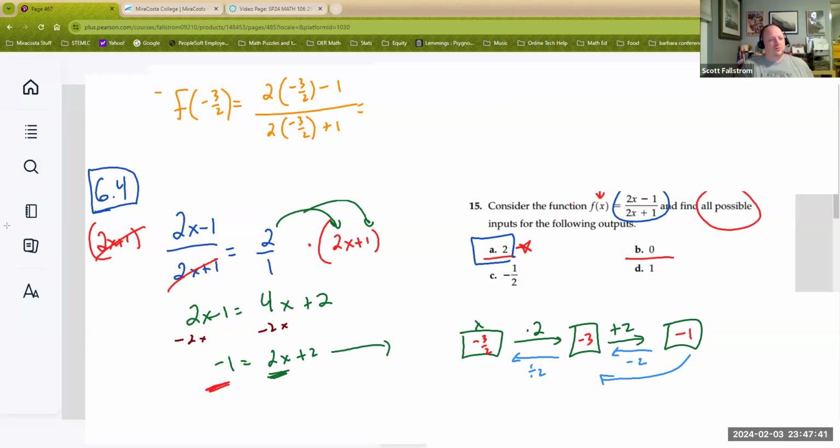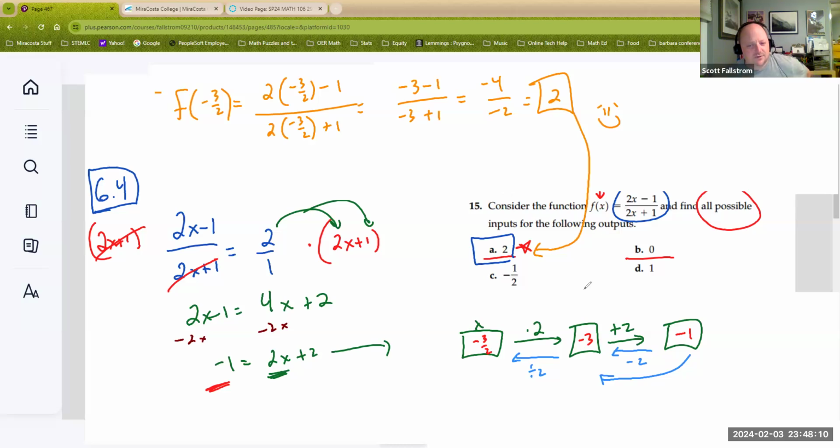That'll give me room to work. So 2 times -3 halves would be -3. So I end up with -3 minus 1, and then 2 times -3 halves is -3, plus 1. Let's see what we get. -3 minus 1 is -4. -3 plus 1 is -2. And -4 divided by -2 is the number 2, which is exactly what we wanted. Big happy face there because it worked out for us.